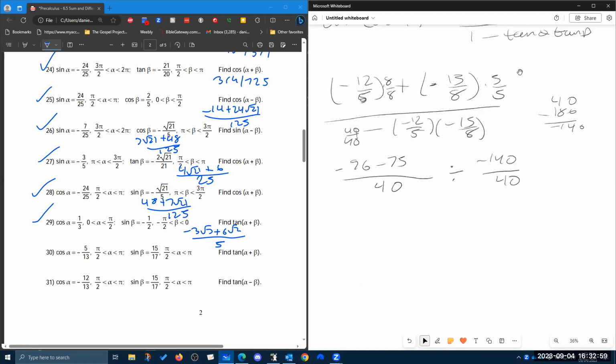These will cancel, and it's going to give me 171 over 140, and nothing simplifies there.